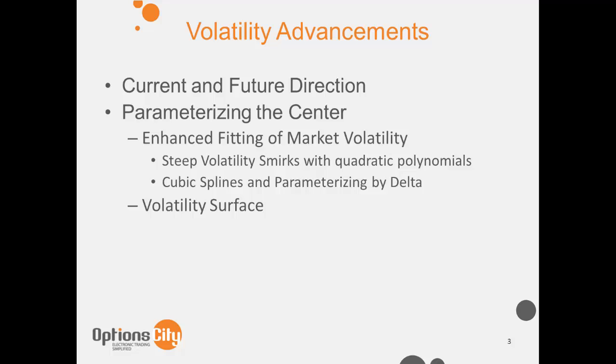Basically, it's early steps in providing us with volatility surface functionality, and it will help traders who have issues with fitting volatility smirks with, like, the two-sided model, for example. And it also helps for clients who might like to use cubic splines with delta for the strike points.